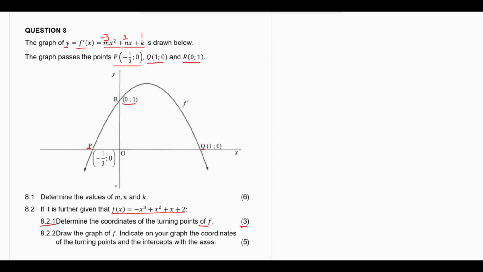Right, you have to remember that the x coordinates of the x-intercepts of the derivative graph are the x coordinates of the turning point of the original graph. Let me write this down.